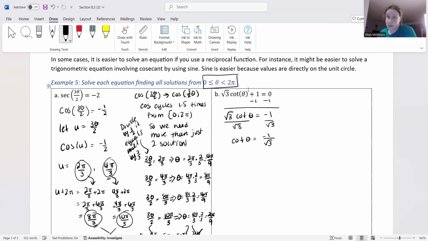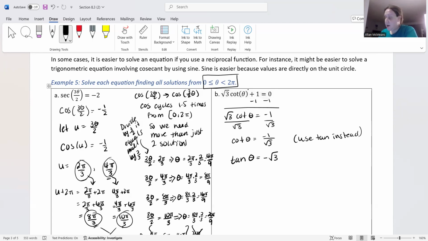And I'm going to leave it like this for just a second because cotangent, I mean, there's nothing wrong with cotangent, but we're really comfortable with sine and cosine, and then we're pretty comfortable with tangent. So let's rewrite this as tangent. So use tangent instead. Okay, so when I do that, I can say, well, tangent of theta, I can solve for that, but I don't want it to be -1 over root 3. I want it to be the reciprocal of that, which is negative root 3.